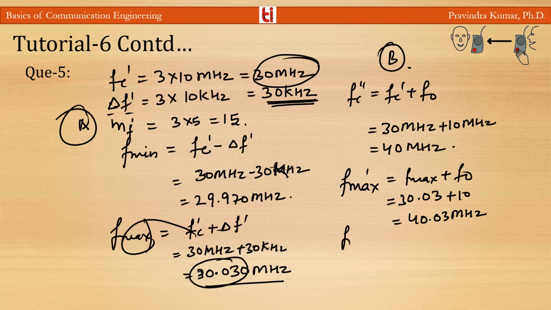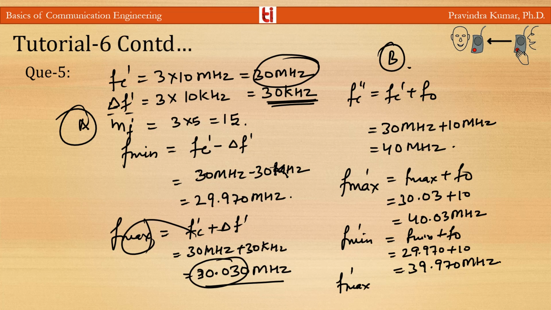And F minimum dash will be F minimum plus F naught, and F minimum is 29.970 plus 10, so this is 39.970 megahertz.